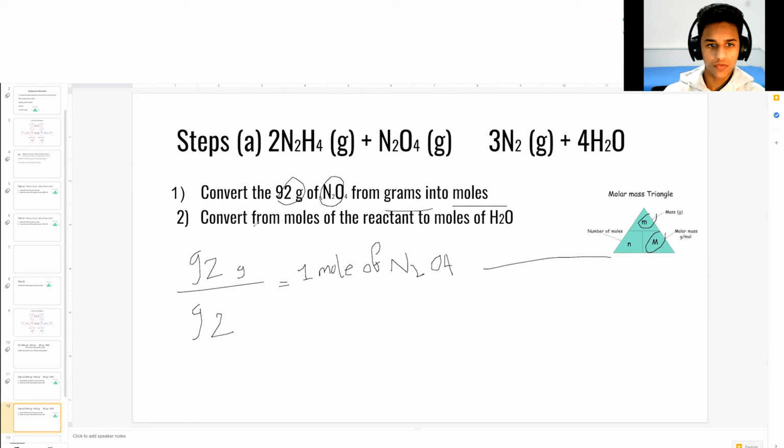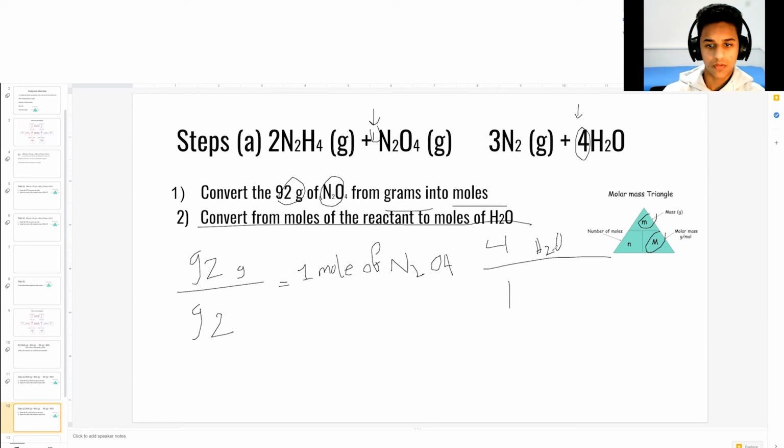Then we will see the mole ratio for doing the second step, which is to convert from moles of the reactant to moles of H2O. So the mole ratio of the H2O is 4, and this one is 1 because we have nothing here. So that's gonna be 4 to 1.